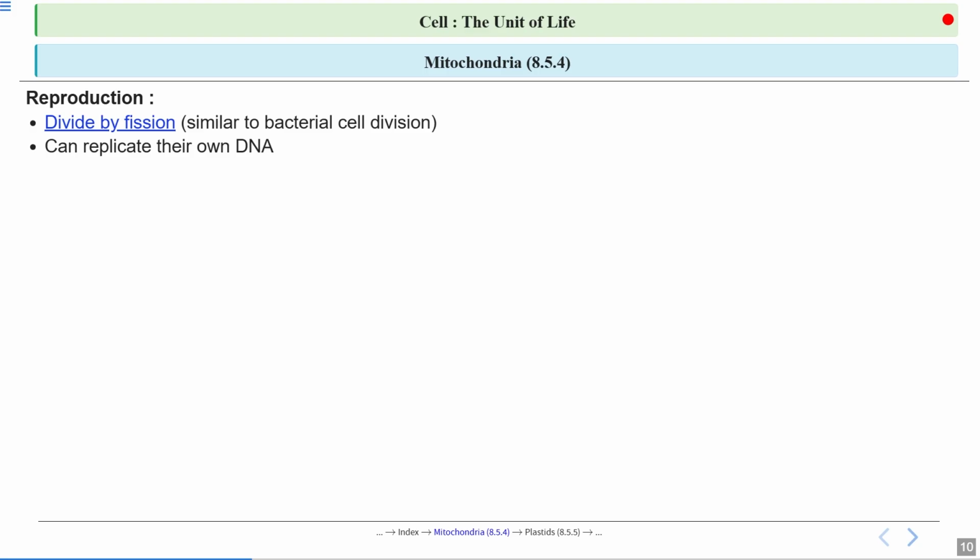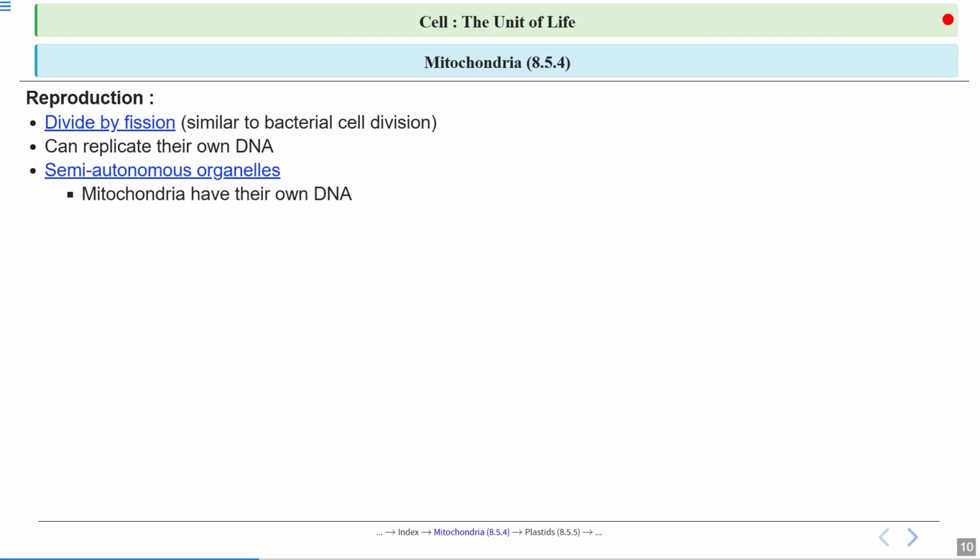This mitochondria can replicate their own DNA as well, so it is a semi-autonomous organelle. It can produce some proteins by itself, and some of the proteins it requires from outside, which are produced by the nuclear DNA. It is not completely autonomous, it is semi-autonomous.